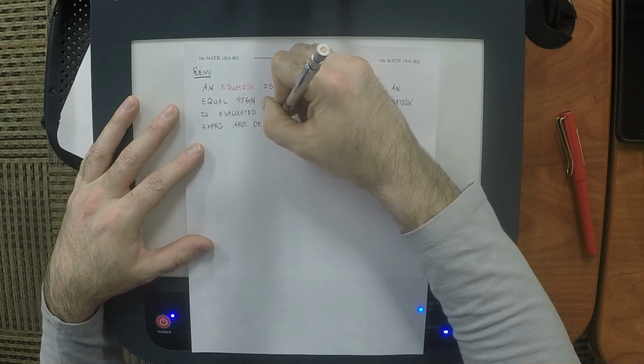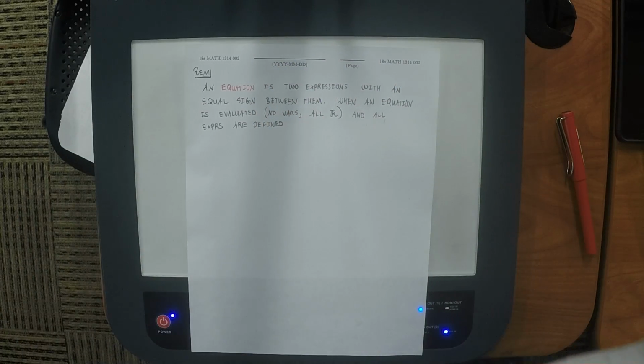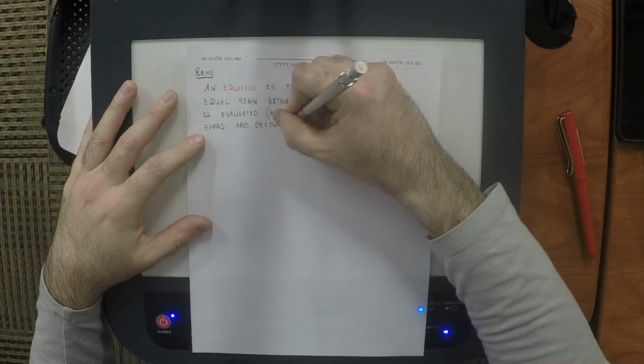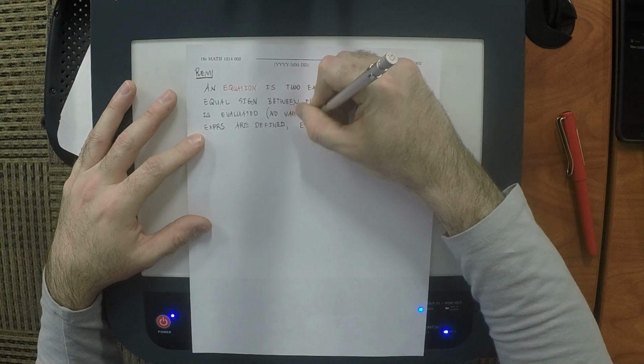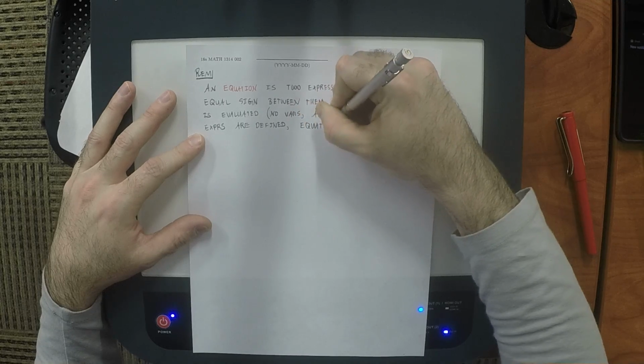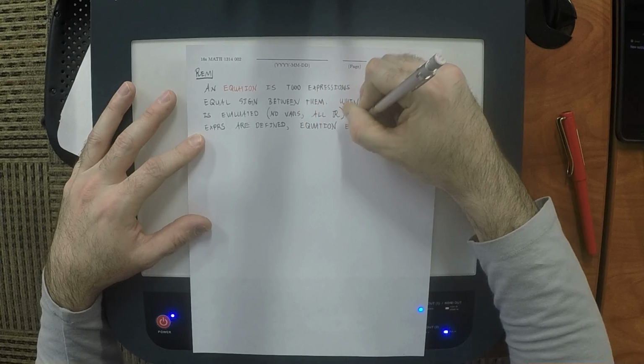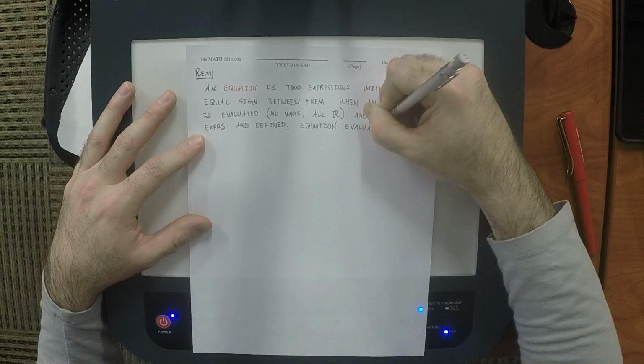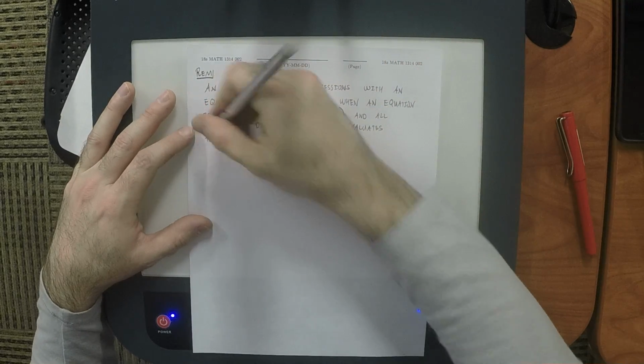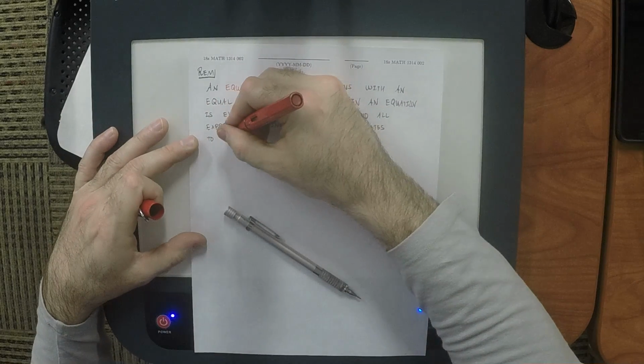Because after all, the equation could have 1 over x in it, and you could plug in x is 0, so you'd have 1 over 0, but that's not defined. So I'm talking about an equation where we've plugged in values for all the variables, and furthermore all of the resulting expressions are defined. The equation evaluates to true or false.